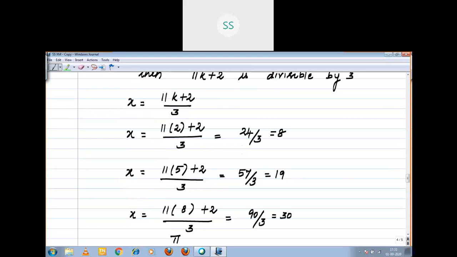Now the solutions, like that it will go on, right? Solutions are what? Children, do you have any idea? 8, 19, 30, etc. Got it?